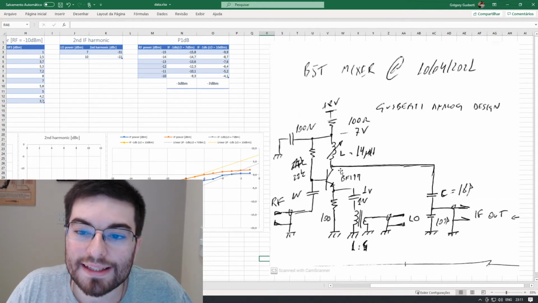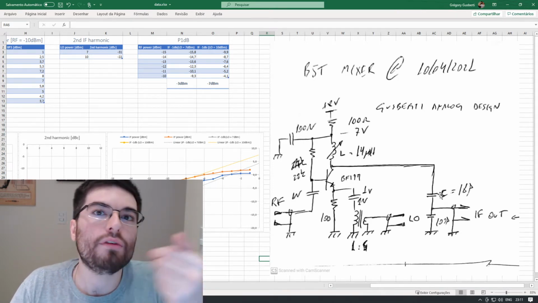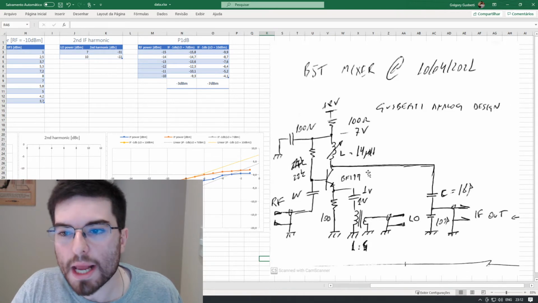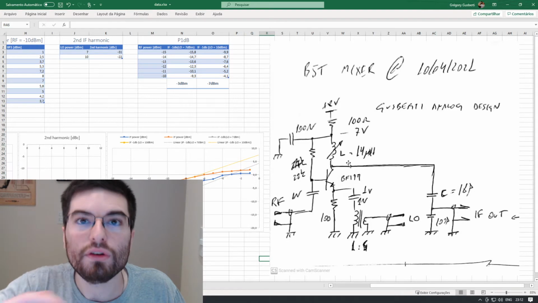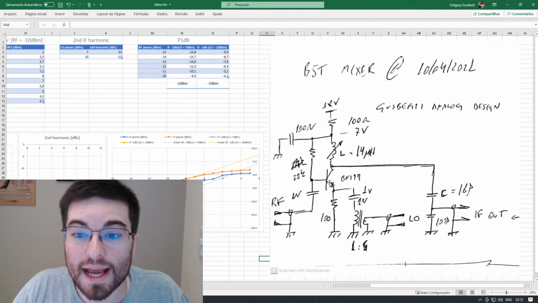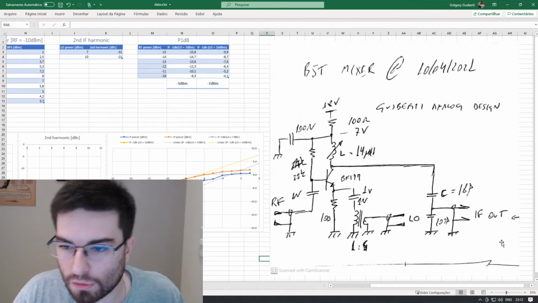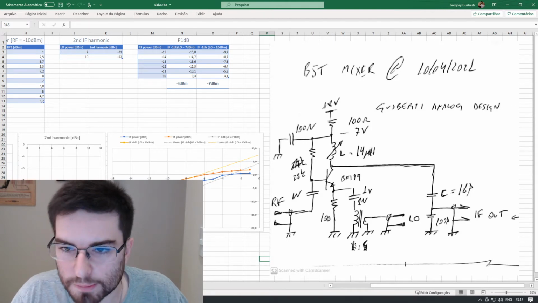And this is why this active mixer is used more when the IF is a lower frequency than the LO and RF, because a band pass filter or a low pass filter at the output can filter out all the other harmonic terms generated by the exponential relation between the collector current and the base emitter voltage. So we can see here some details of the circuit.